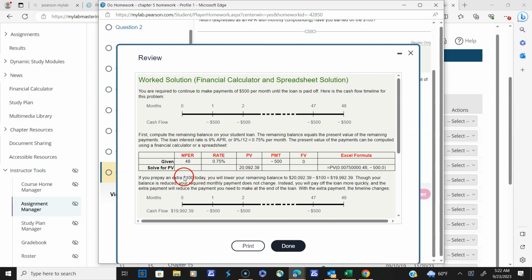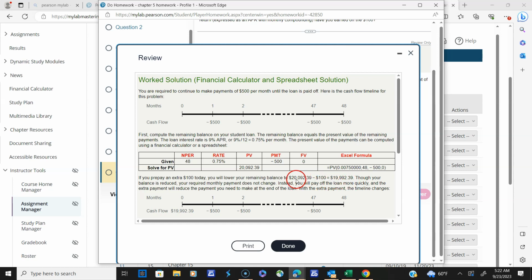Now, the next thing is, it says, if you pay an extra $100 today, right this moment, you're going to lower your remaining balance, okay? And how much are you going to lower it to? Well, if this is the value of your current loan, you're going to give them $100. So is it clear to everybody right here?